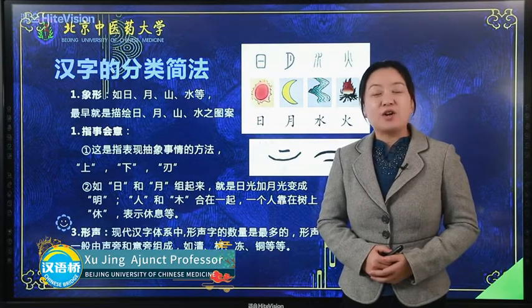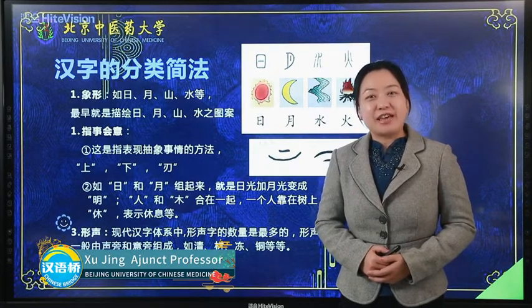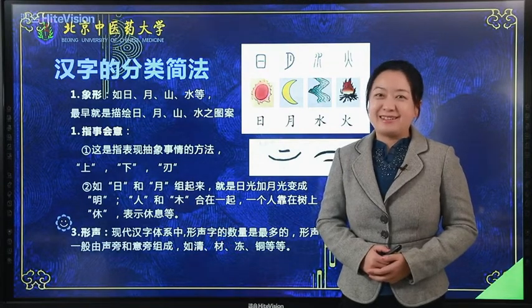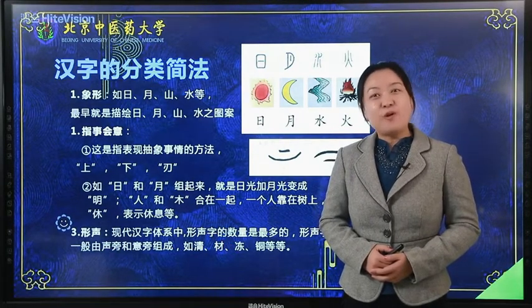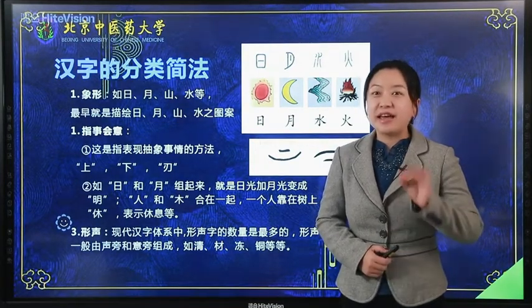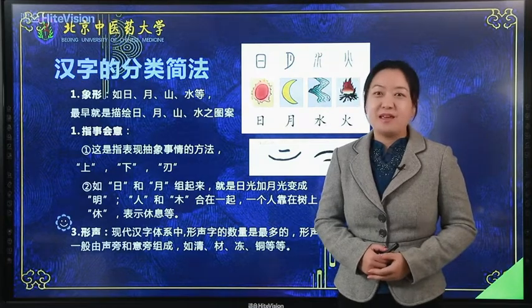Today, we continue our courses of basic TCM characters study. I'm Miss Xu 老师. We said that for foreign students, Chinese characters can be divided into three categories for easier learning.